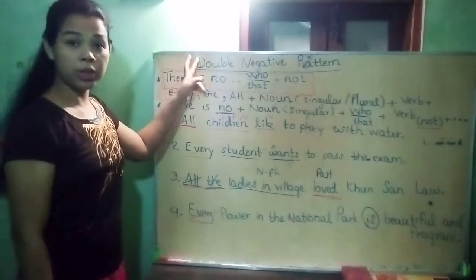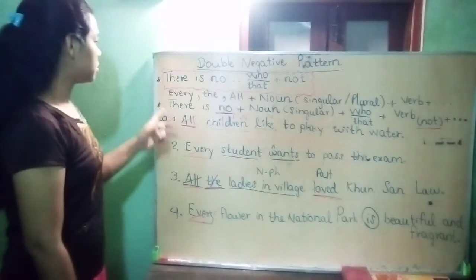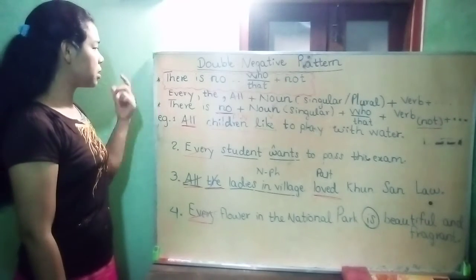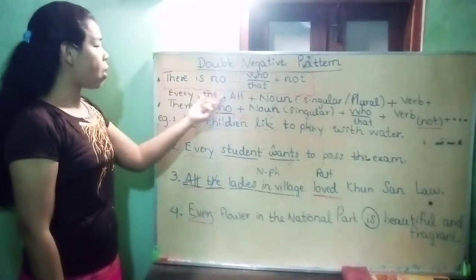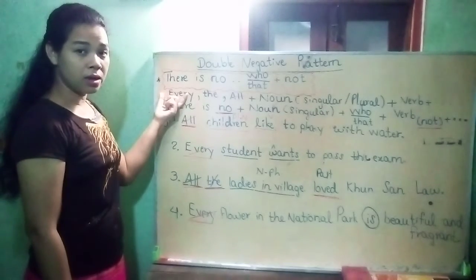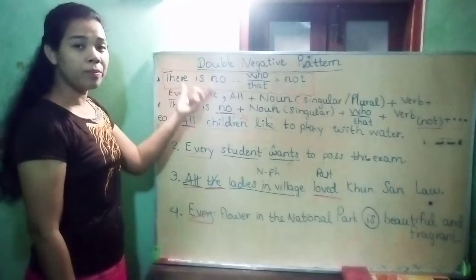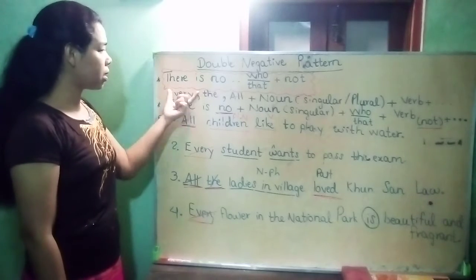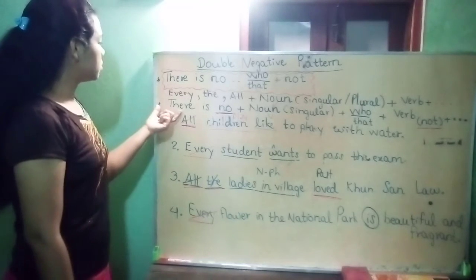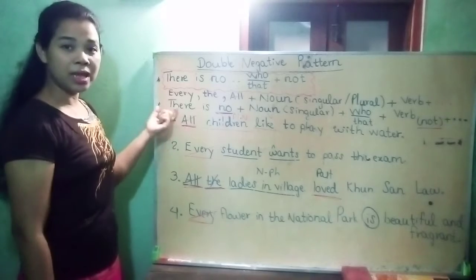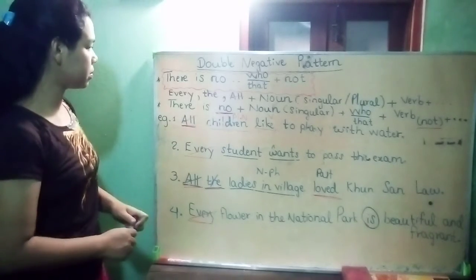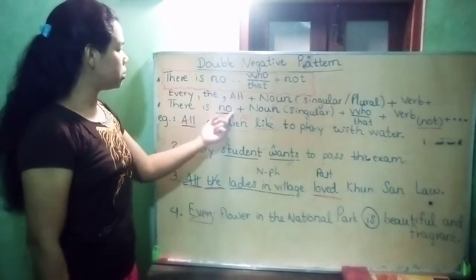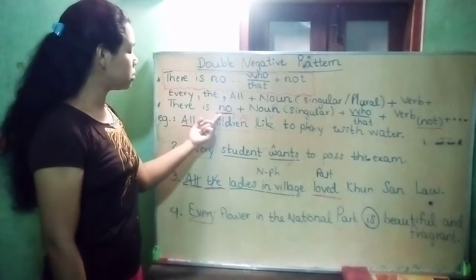In order to change to the negative pattern, firstly, you will eliminate the determiner all, there, or every. The determiner will be eliminated firstly. You need to begin the sentence with there is no. No is the negative form.